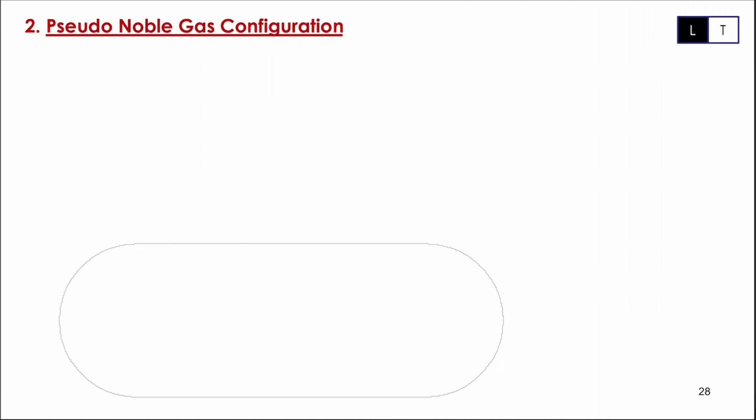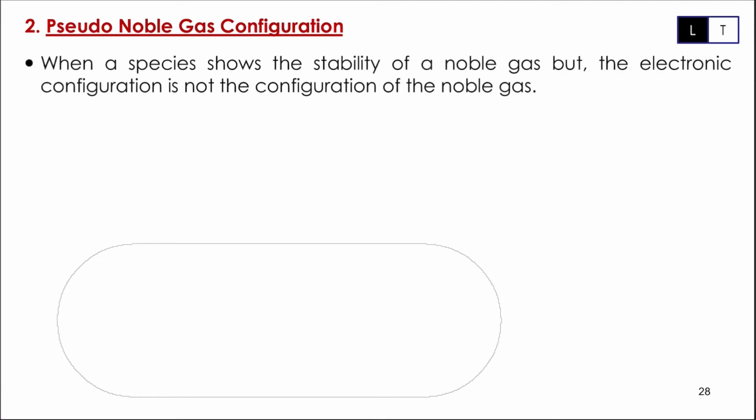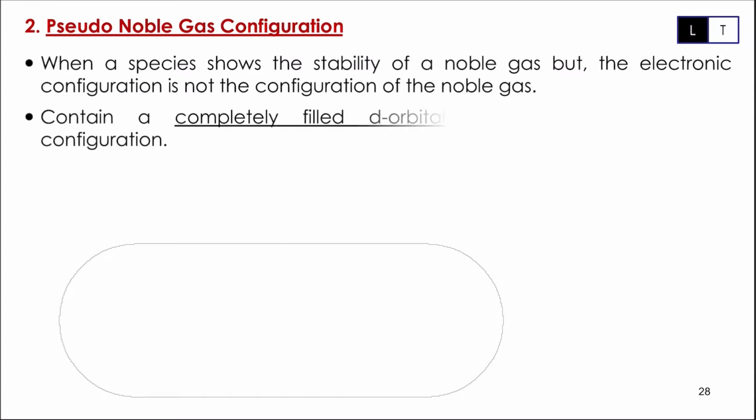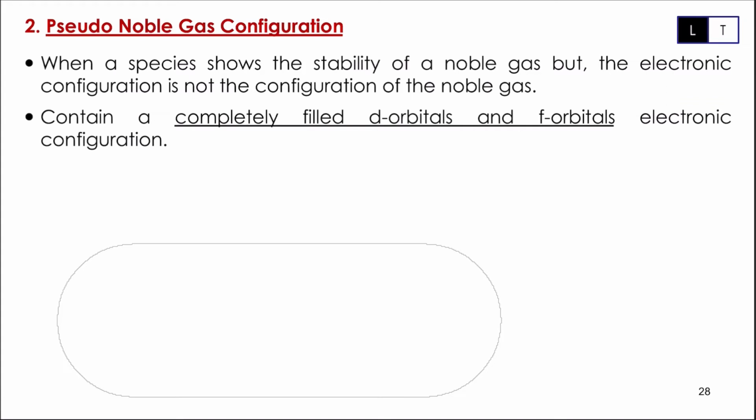Next, we go for pseudo-noble gas configuration. Pseudo-noble gas configuration is for species that show the stability of a noble gas, but their electronic configuration is not the configuration of a noble gas. It must contain a completely filled d orbital and f orbital.